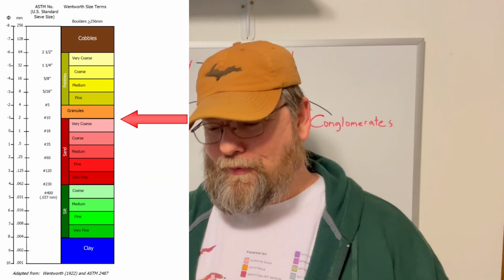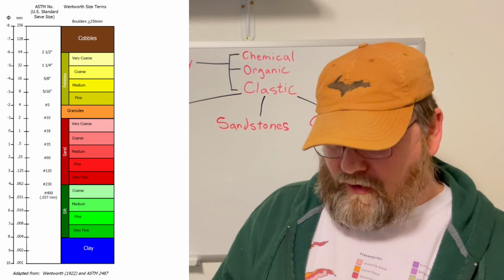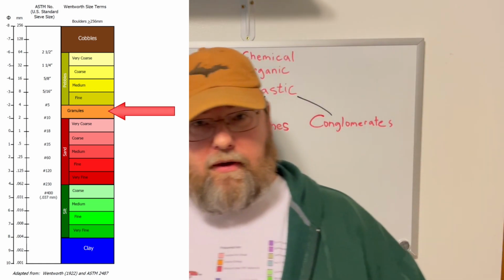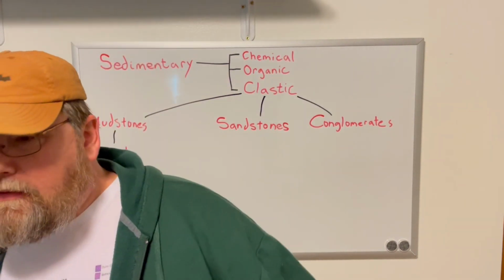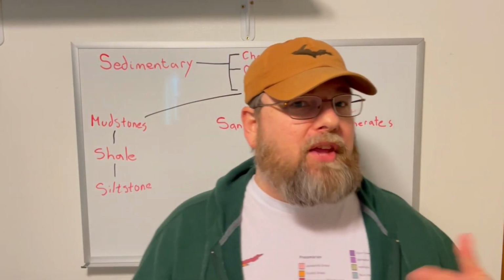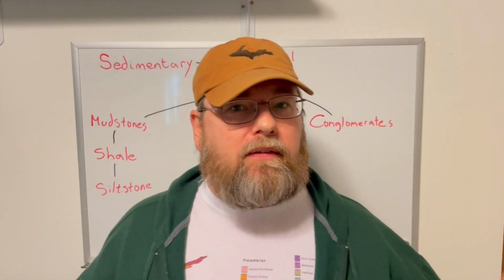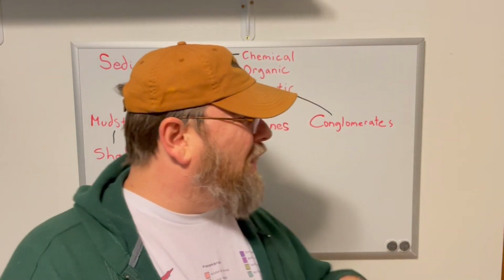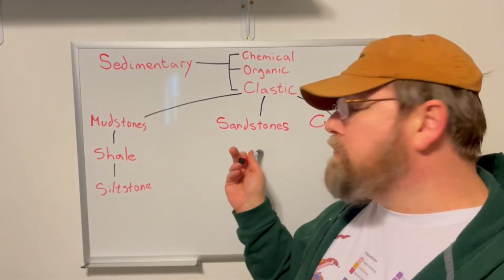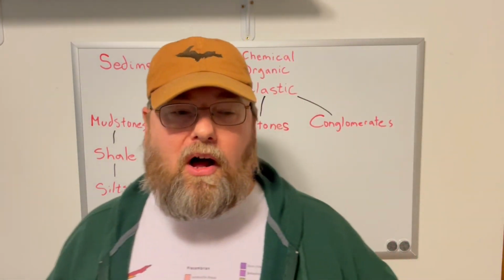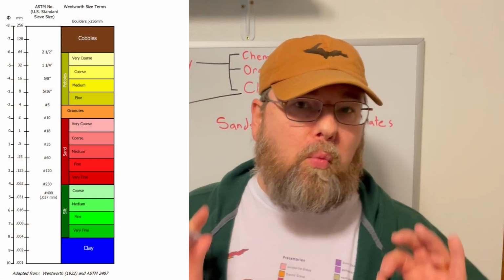I had to actually look that up because I never remember that myself. And then we have this gray area of granules between 2 and 4 millimeters. And those are a special type thing. If they're found in abundance a lot, you can put it in the conglomerate part. If they're just sprinkled throughout a sandstone, you can put them in here. That's a judgment call.